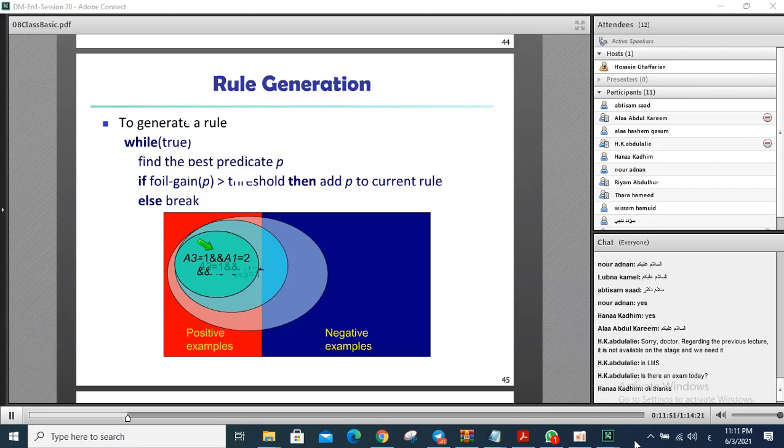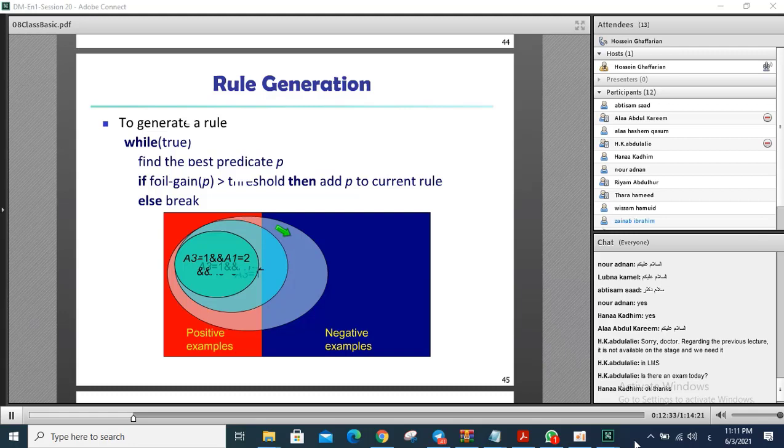Here we can see that the first rule covers some areas in positive examples and in negative examples. The second rule still covers some parts of the negative examples, but the third rule is completely placed in the positive example area, in the red area.